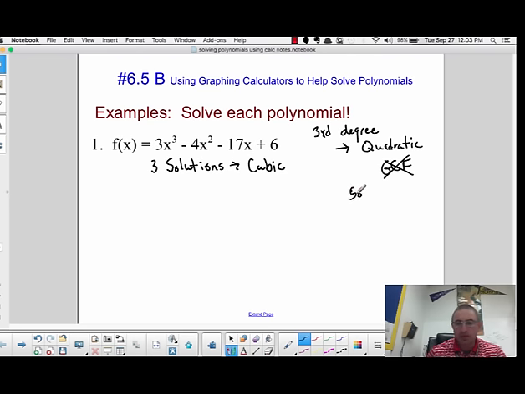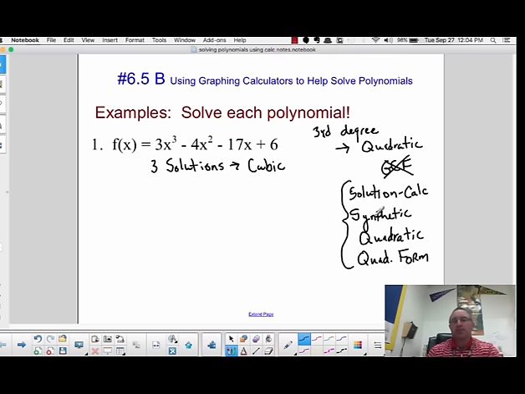We're going to get a solution with our calculator, use synthetic division, and that's going to give us a quadratic, which we can solve with the quadratic formula. So we're going to do a lot of mathematics here, which is pretty awesome: solving polynomials on our calculator, synthetic division, and the quadratic formula. Let's take a look at what this all looks like.